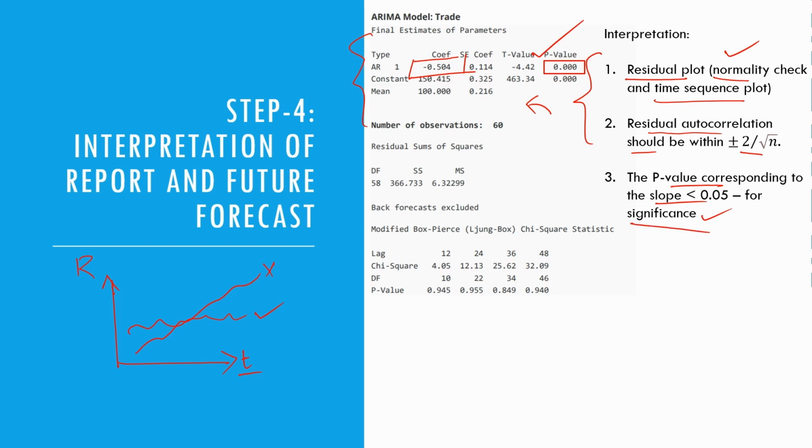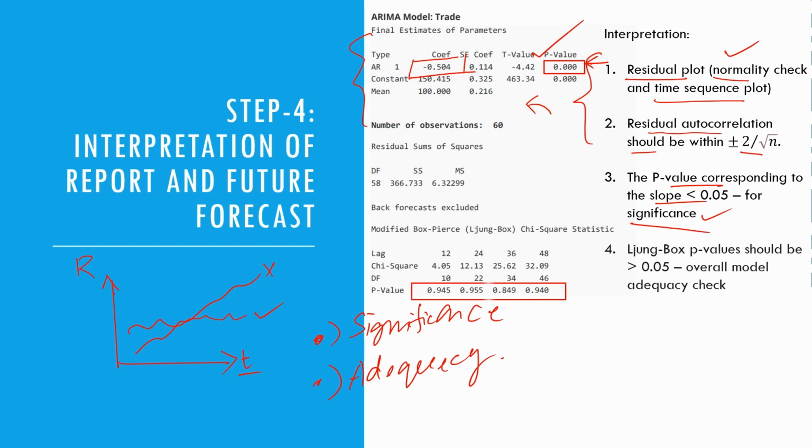So there are two aspects. The first aspect is significance, and the second aspect is adequacy. For significance, you will check this p-value. And what is adequacy?